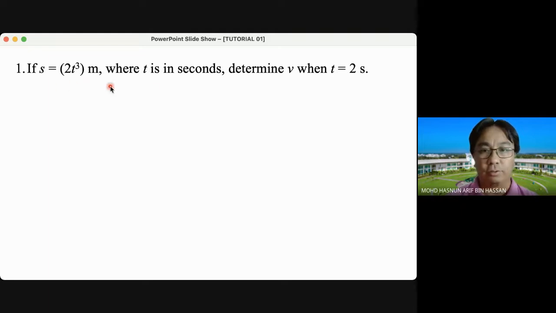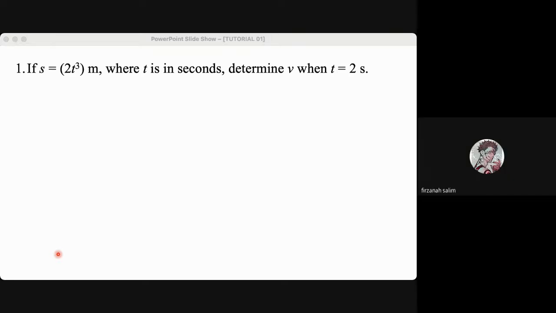So how do you solve this? Anyone want to volunteer to give me the first step? Use the formula V equals ds over dt.